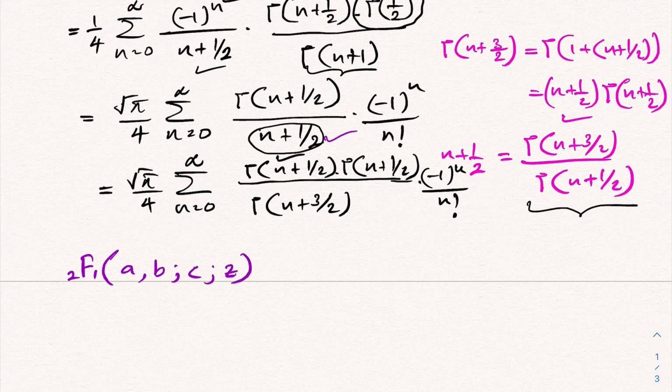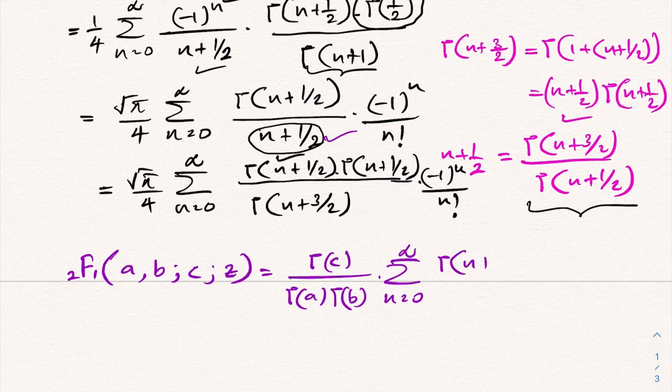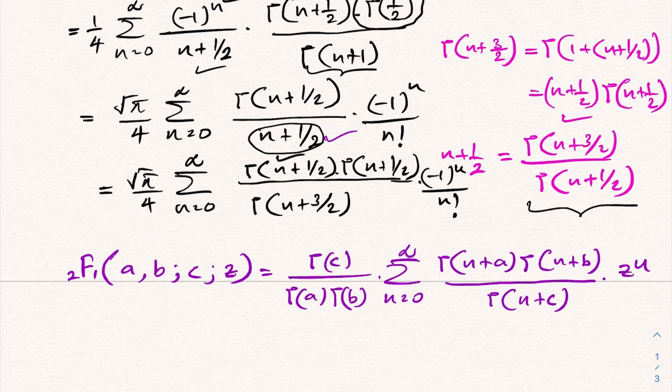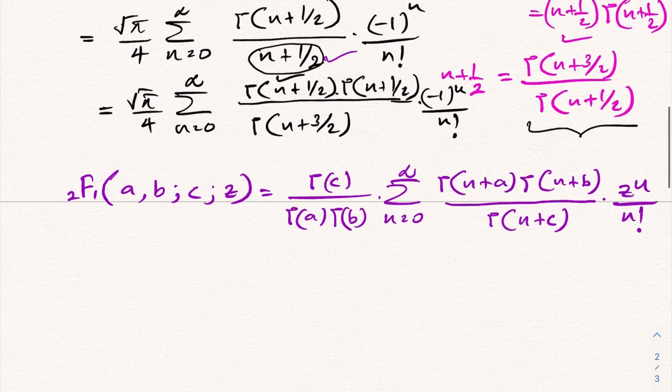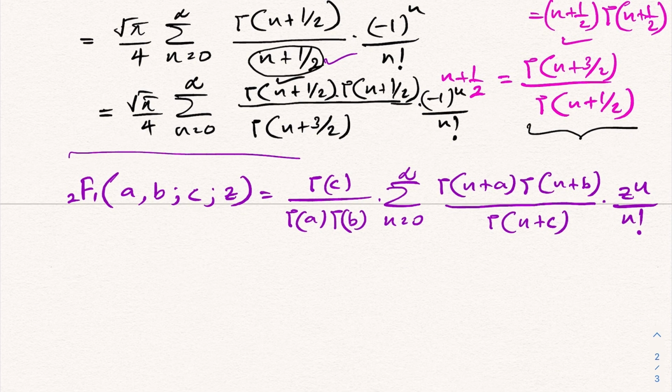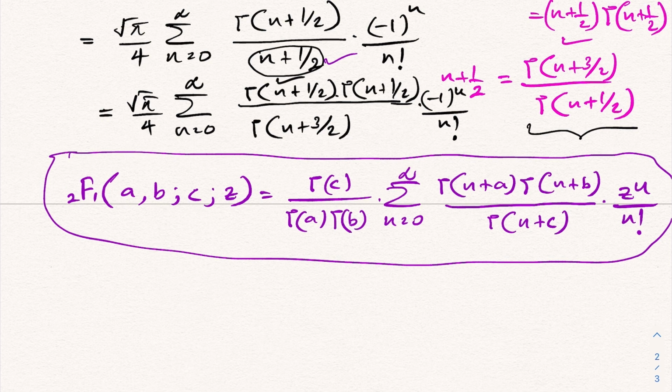So this is equal to the series representation gamma of C over gamma of A gamma of B times infinite sum n equals 0 to infinity gamma of n plus A gamma of n plus B over gamma of n plus C times z to the n over n factorial. Well, now I'm going to use this identity to solve our integral.